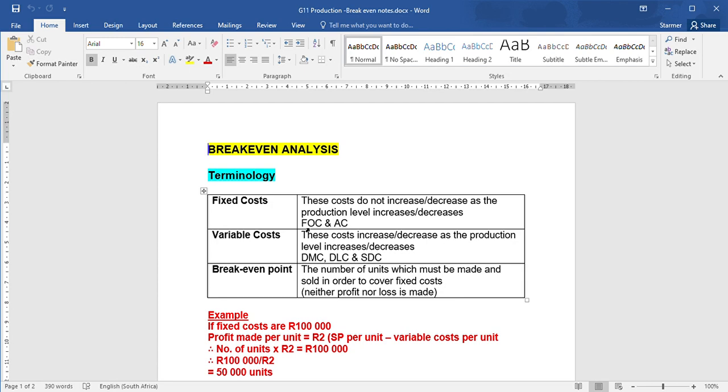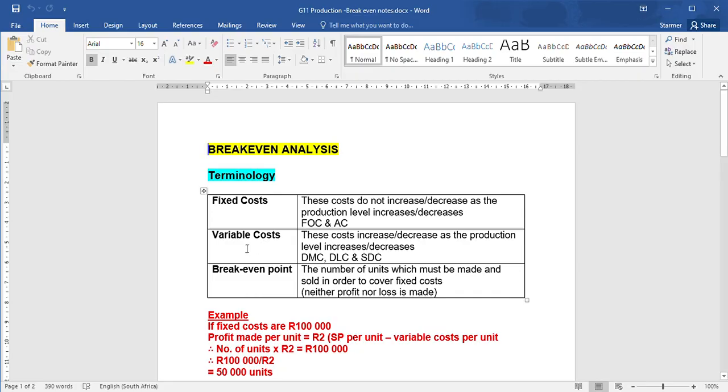There are some of your factory overhead costs that could be semi-fixed costs because they do increase as you use more, like something like electricity. But at school level, we regard all factory overhead costs and all admin costs as fixed. So they remain constant as the production level increases or decreases.